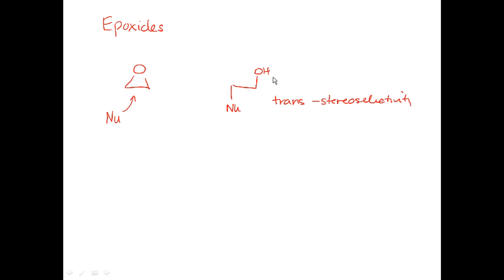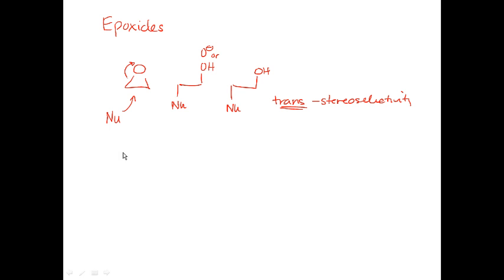And that's always going to occur because we have this triangular intermediate compound, and so the nucleophile has to attack underneath, and then depending on which carbon it reacts with, we would then break the carbon-oxygen bond. That will then give us an alkoxide or not. So we'll either get an O minus or an OH, and that'll lead to the final product. We'll refresh ourselves on the two modes now, but the idea is that it always gives the trans stereoselectivity because it's a triangular compound.